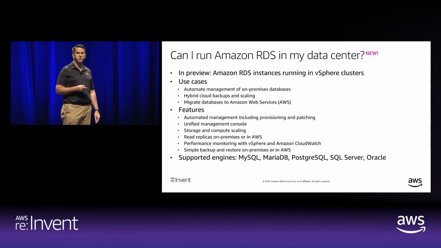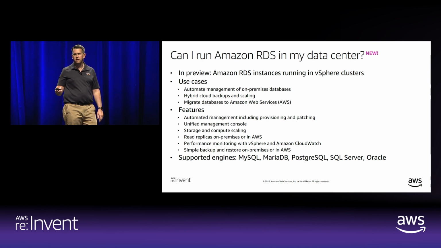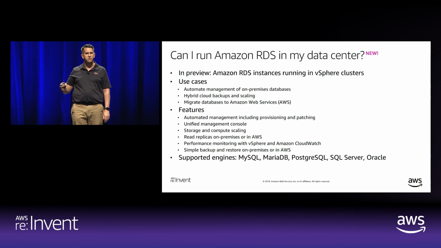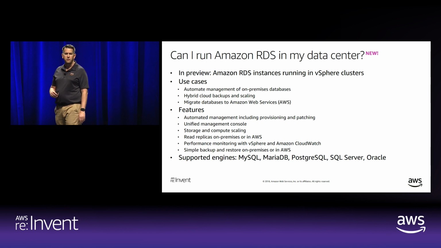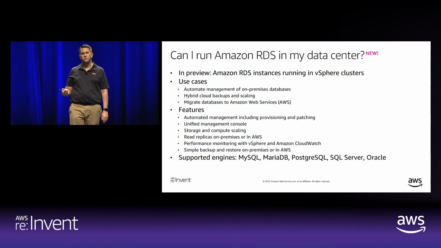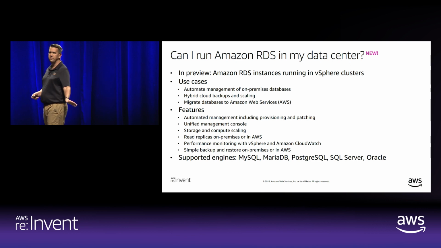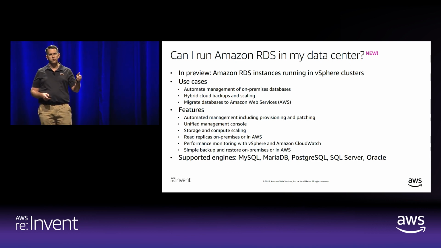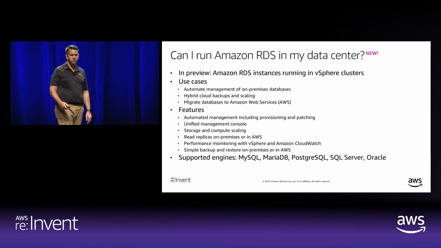You get the same management console, so if you go to your RDS console, you'll see your database is running in AWS as well as running in your own vSphere cluster. Read replicas, performance monitoring, the same characteristics you get in RDS, but running on your own hardware. We'll support MySQL and Postgres in the preview. We'll eventually get to all the open source and commercial engines.